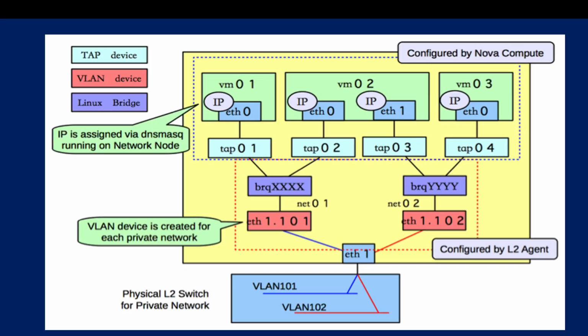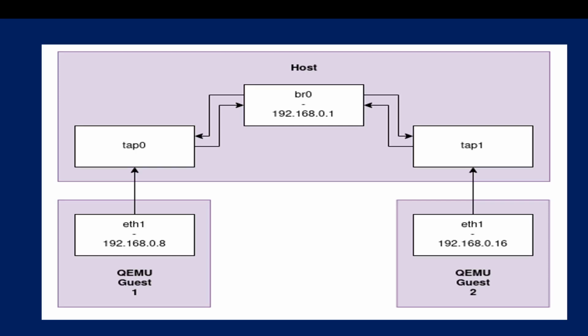Through the tap interface. On top of BR0 we create one tap interface, and this tap interface is connected to this VM, as ETH0, which is the virtual interface, while the host one is the physical interface. Similarly, if you have a requirement to provide another static IP, you can create another interface here. This is one scenario of how you can provision two virtual interfaces to a specific VM from two different bridge networks. We will cover this.